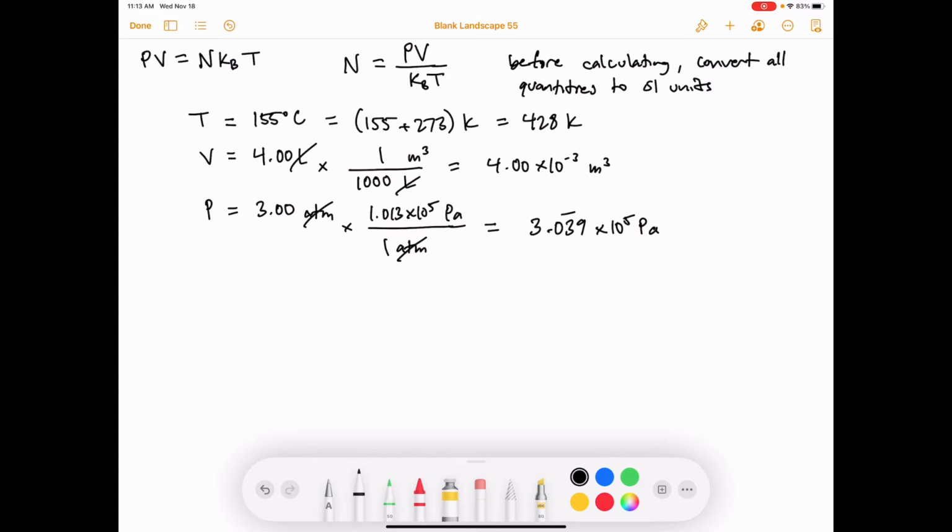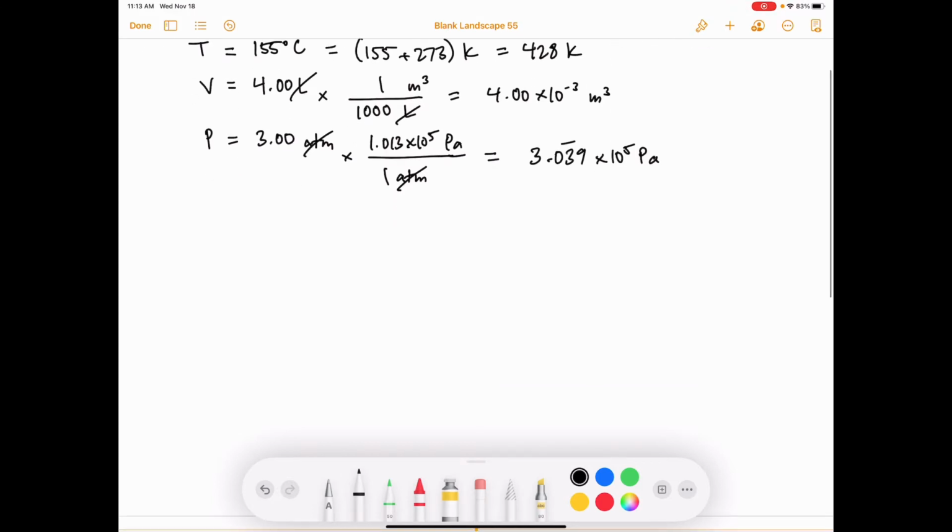Okay. Now there's one more thing about the units that I want to show you. Remember, a pascal is a unit of pressure, so it's a force divided by an area. The force is given in newtons, and the area is given in meters squared. So a pascal is a newton per meter squared.